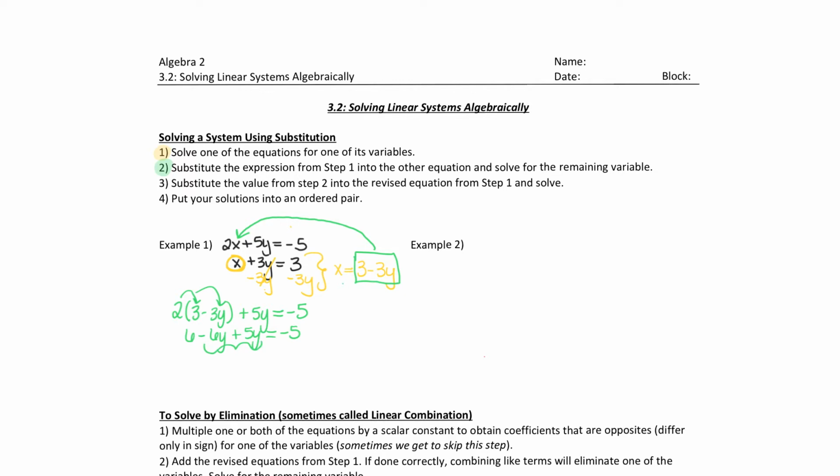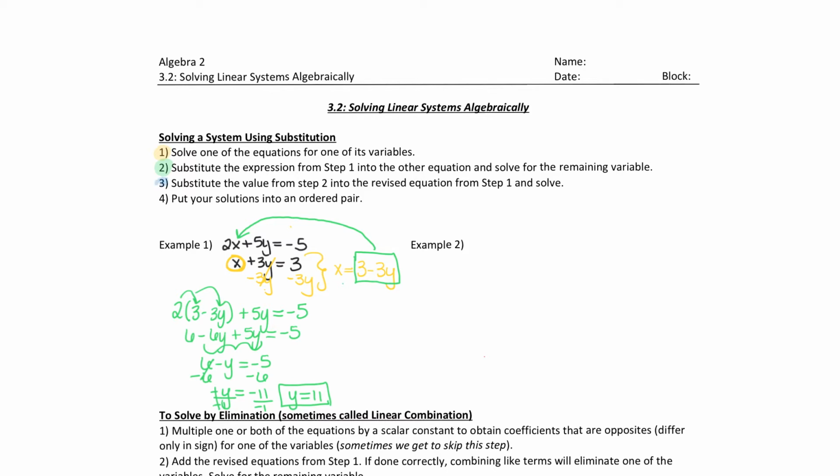Next, I'll combine like terms, so I'll have 6 minus y equals negative 5. Then I need to subtract the 6 from both sides, so I have negative y equals negative 11, which means when I divide by negative 1 to get that y alone, I have y equals 11. So now I have step 2 complete.